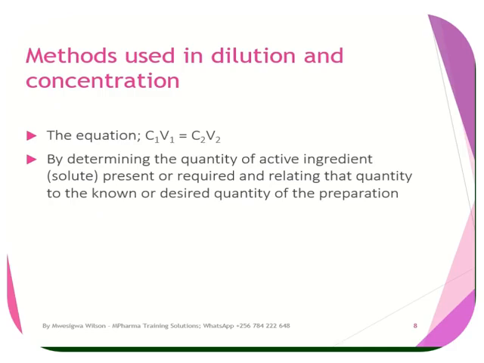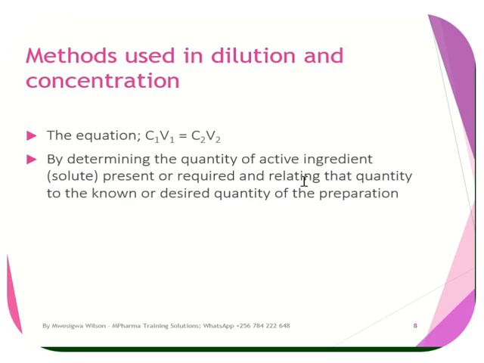So in simple dilution, this is the commonest one used. The method used in dilution and concentration is the equation C1V1 = C2V2. You can write this equation, or you can use first principles by determining the quantity of the active ingredient required, and then doing further calculation.